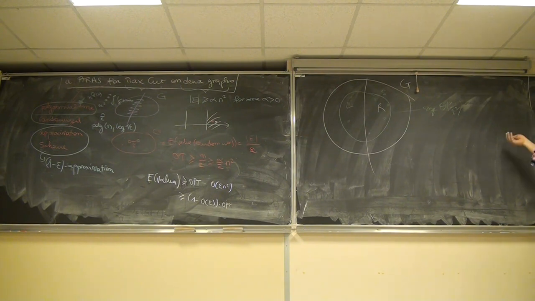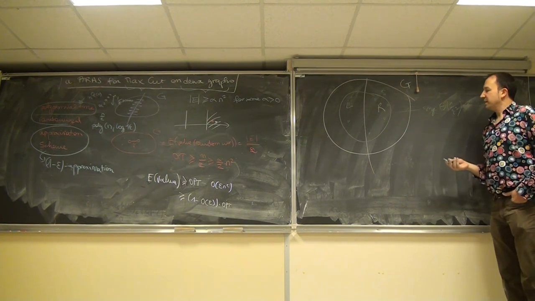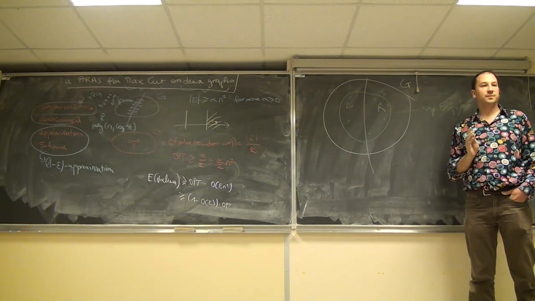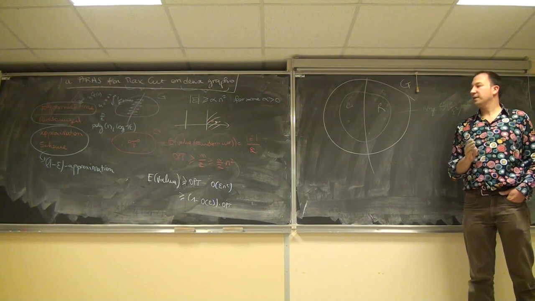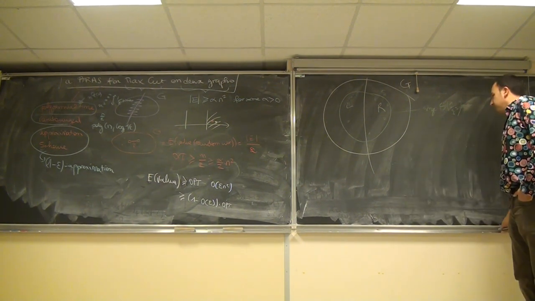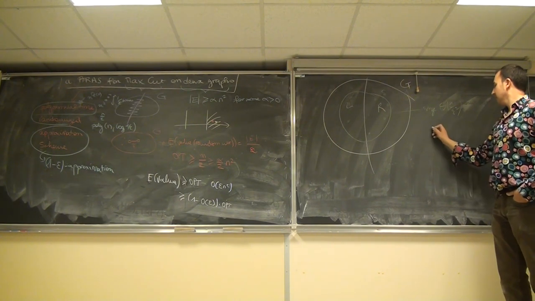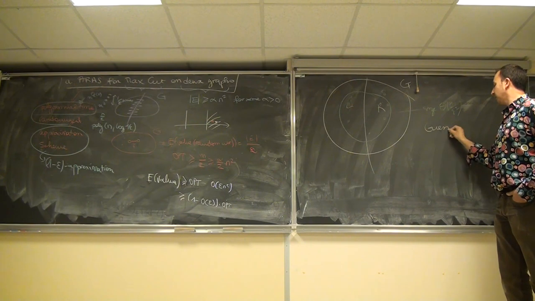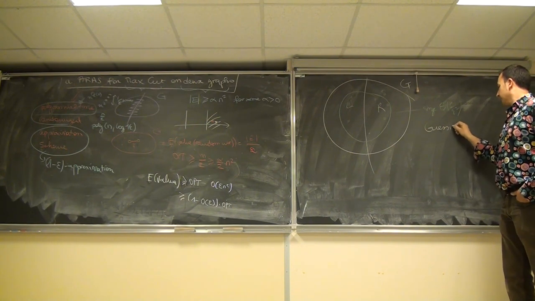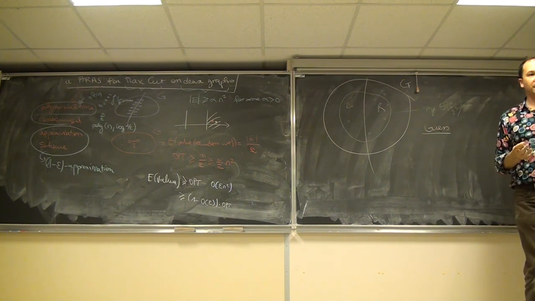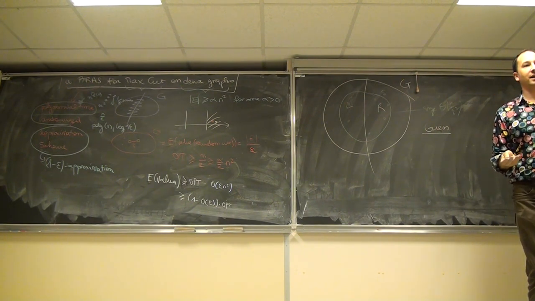So what we can do is, we don't know what L and R are. But maybe we can guess. This is a very important tool in many fields, guessing. Maybe we can guess what L and R are.